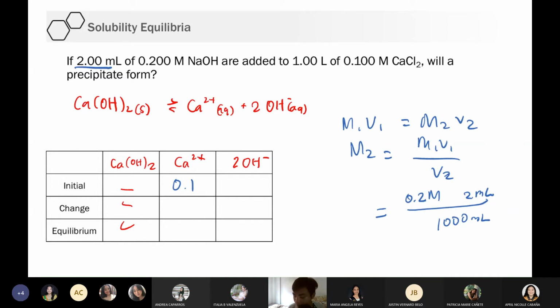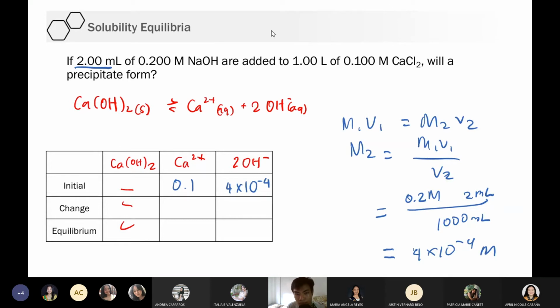Kaya 1,000. So, ano magiging molarity niyan? So, that will be 4 times 10 raised to negative 4. Okay. So, ganun kalaki yung pagbabago sa molarity ni sodium hydroxide, no?